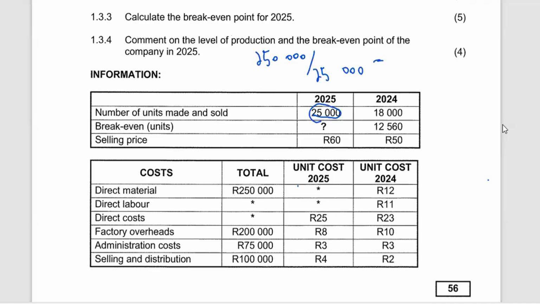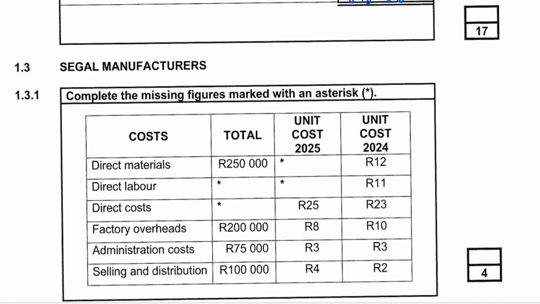Then we get our answer, which is 10 rand. So now let's go to our answer sheet. So in our answer sheet here, we have 10 rand.